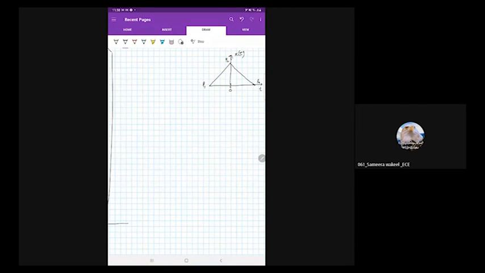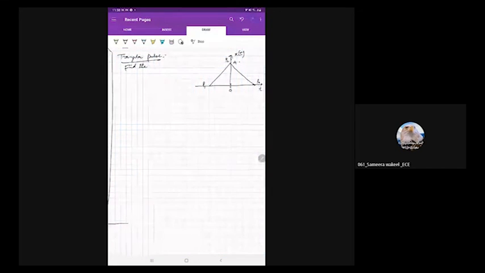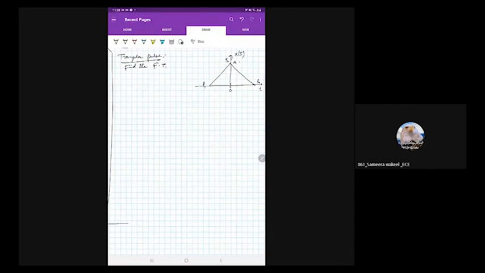So you have the time axis here, and then you have amplitude equal to A. So this is a triangular pulse. It asks to find the Fourier transform of the triangular pulse given in the figure.